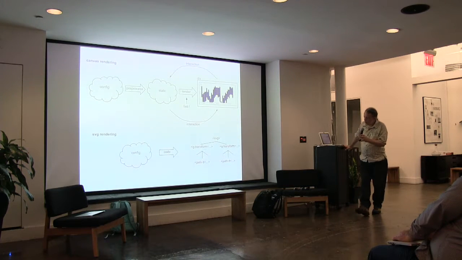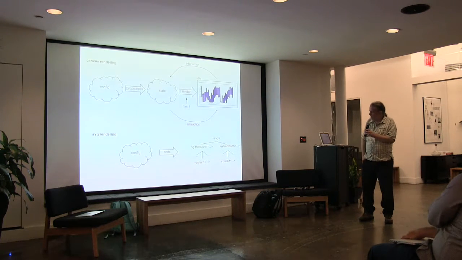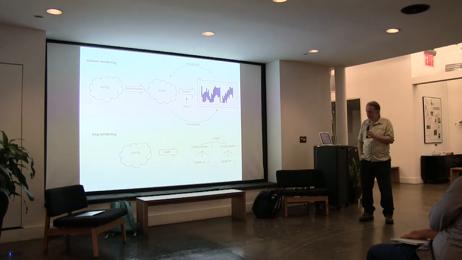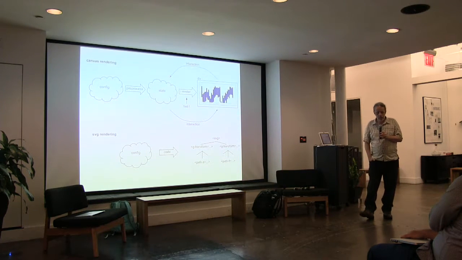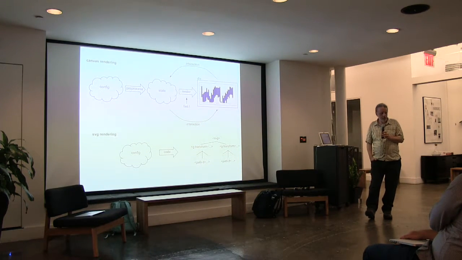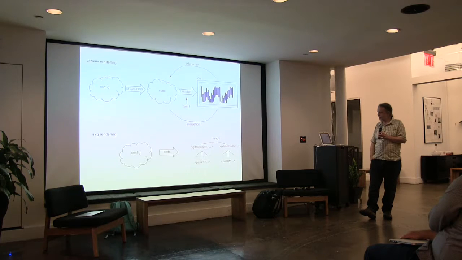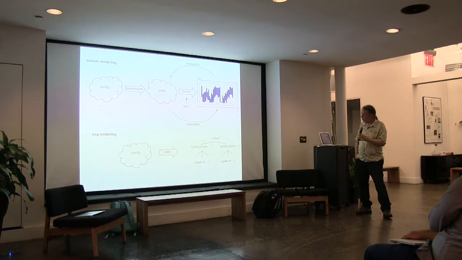So this picture at the bottom here is just by comparison, the way things work with SVG, where you have some sort of configuration or code that defines your SVG object, which is inserted into the DOM as nodes in the browser DOM.